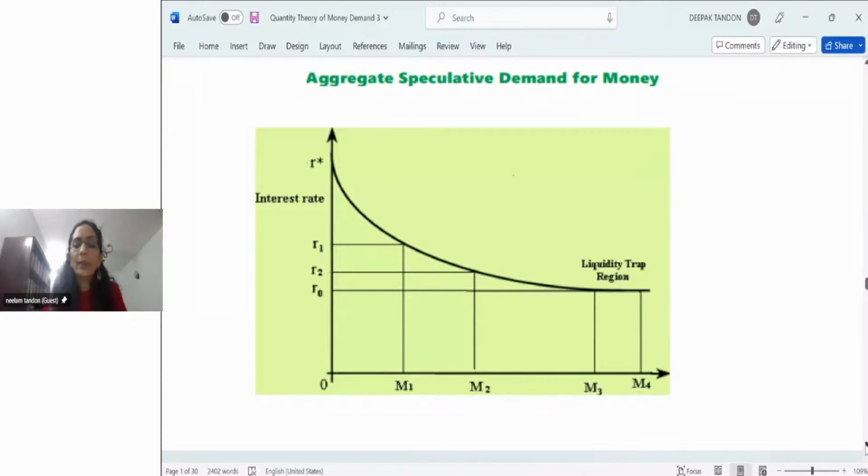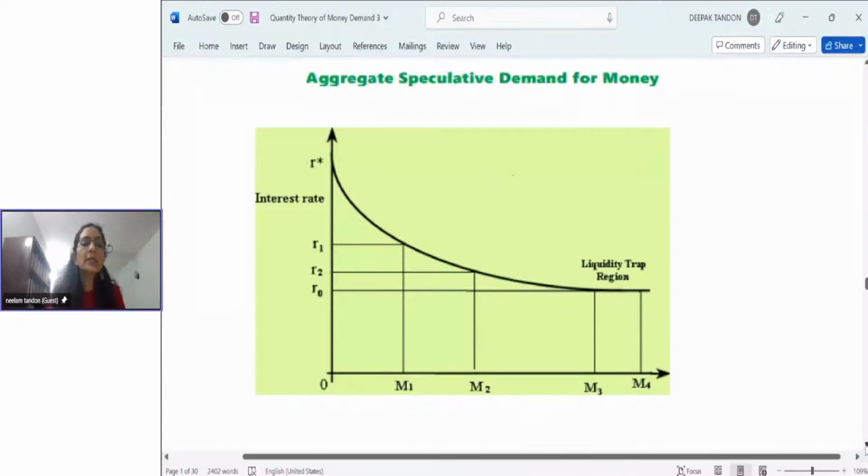Why? Because you believe that the interest rate is so low, it won't go down further, and in that case, you will incur capital loss. If you go for investing, you will not gain capital gain. You will lose. And because you will lose, you do not want to invest in bonds.